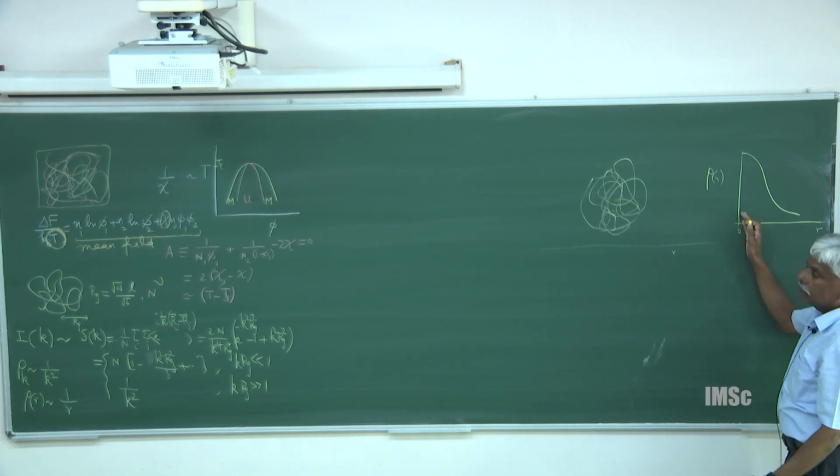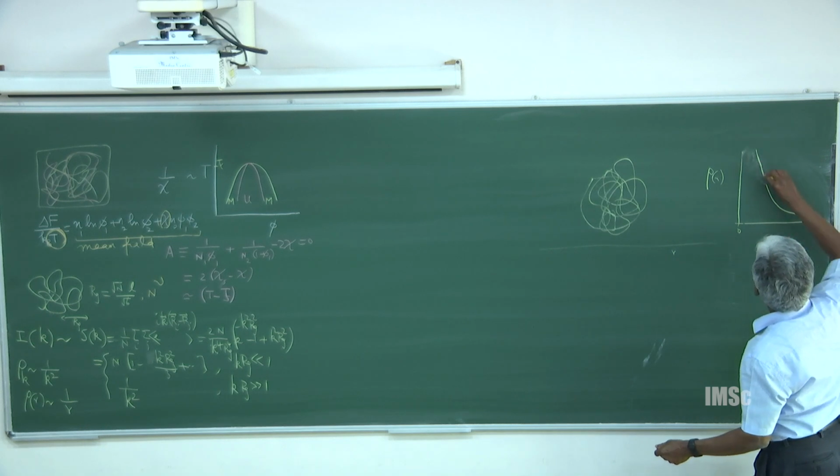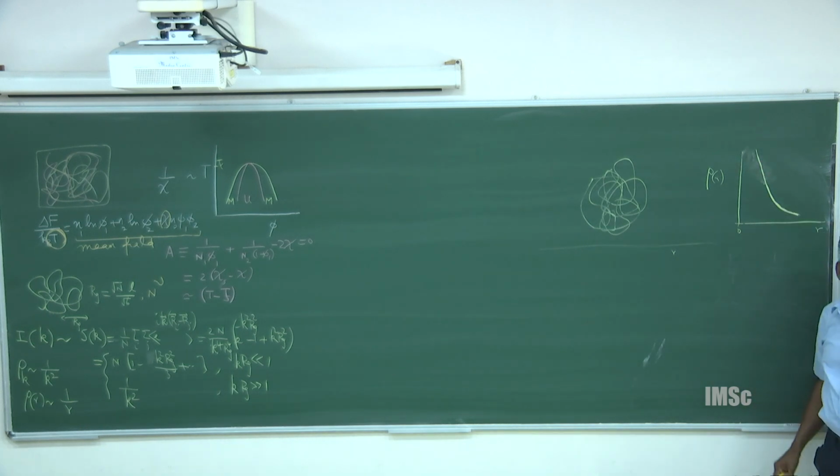For short distances, you will not see anything. So, maybe I should plot it like it will go like 1 over r. Far away, you will not see any monomers. Very close to the location you chose, the density will be high, but then when you go away, it is going to fall off like 1 over r.